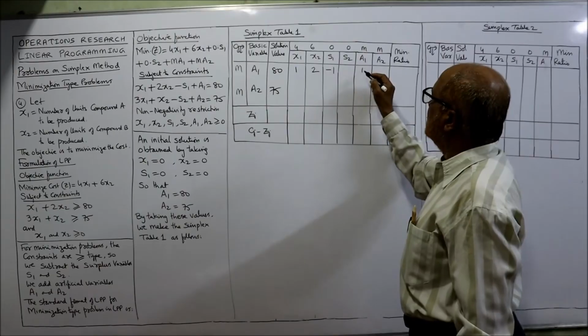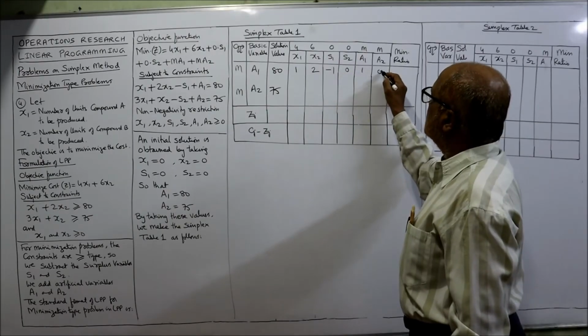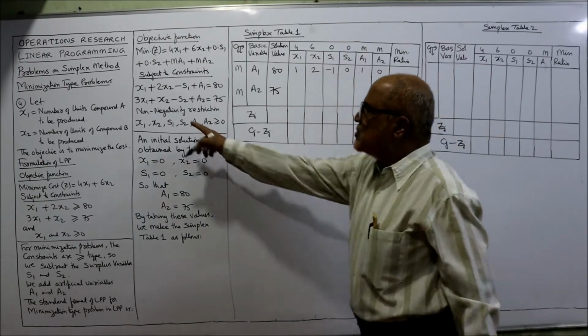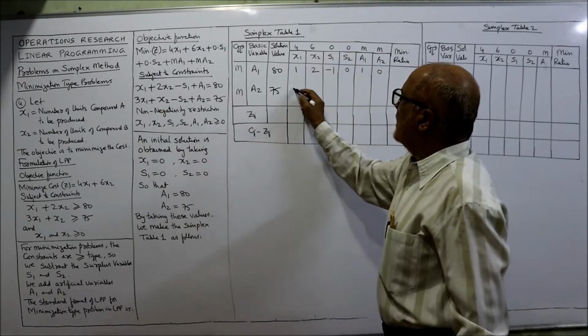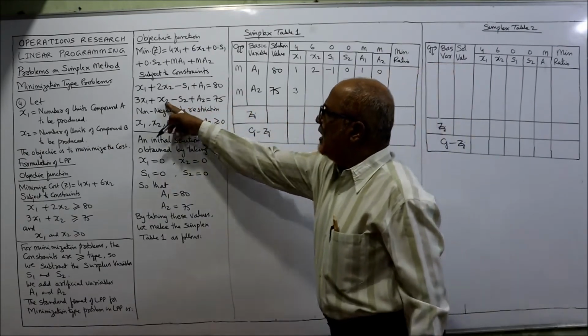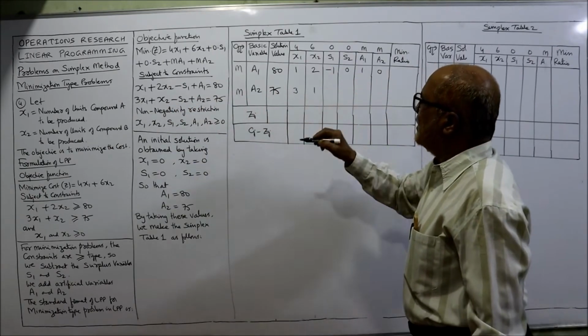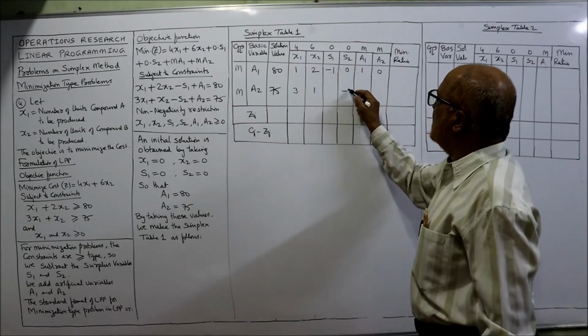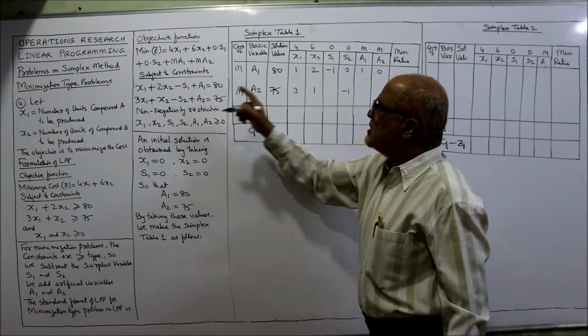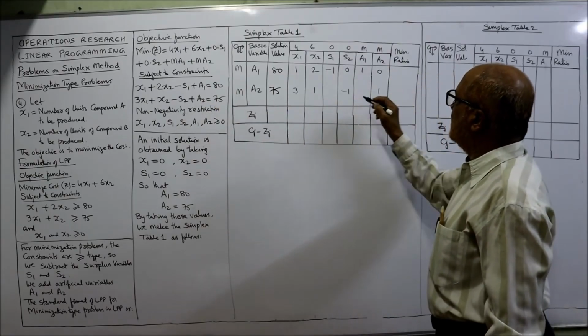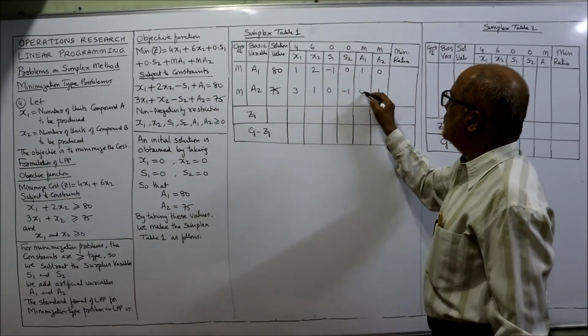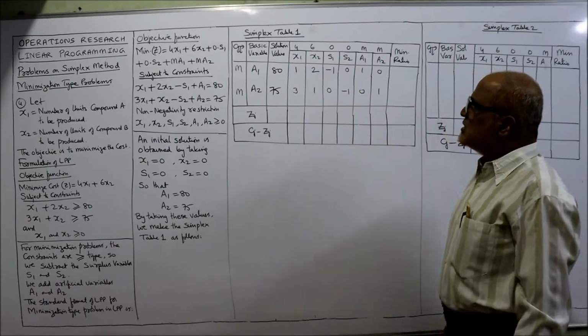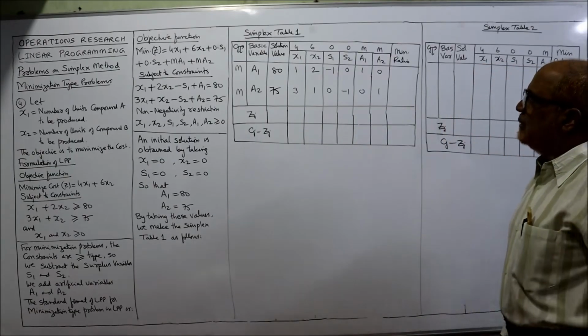Other values we will take as zeros. Second constraint: x1 is 3, and x2 is 1. S2 is minus 1. And A2 is 1. Remaining values we will take as zeros. That's all. So this is the body of the first table.